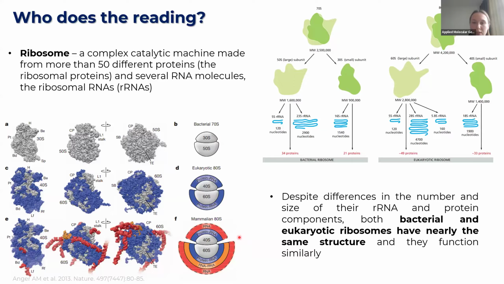So our ribosome is larger. Okay. So the ribosome, the main component of the protein biosynthesis machinery, is conserved across all domains of life, and we have the same core structure of our ribosomes.